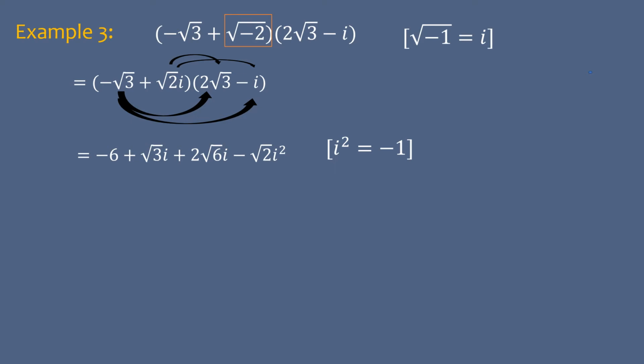So replacing i square with minus 1, simplifying, and separating the real and imaginary parts so as to write it in the form of a plus ib, the final result we get is minus 6 plus root 2 plus root 3 times 1 plus 2 root 2 i. Minus 6 plus root 2 is our real part and root 3 times 1 plus 2 root 2 is our imaginary part.